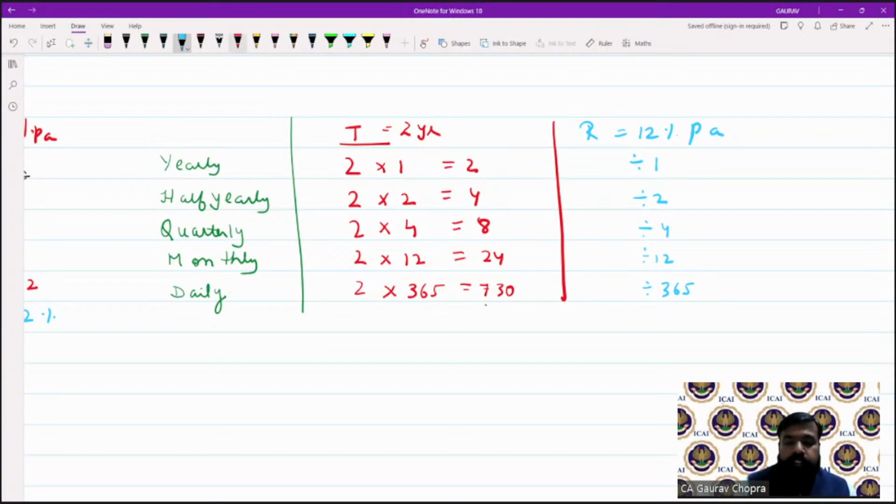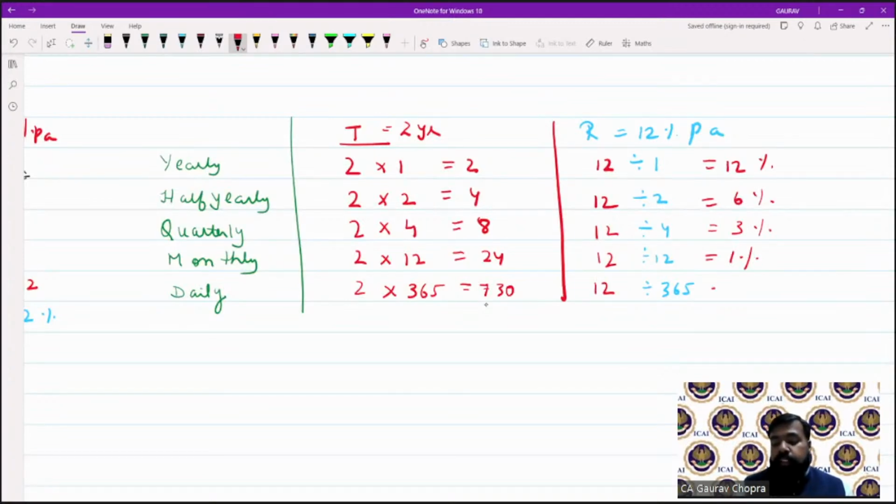So if the rate is 12%, so 12 divided by 1 is 12, 12 divided by 2 is 6, 12 divided by 4 is 3%, 12 divided by 12 is 1%, and then 12 divided by 365 is dash dash percentage. You can calculate it. Okay. So this is the way of doing compounding.